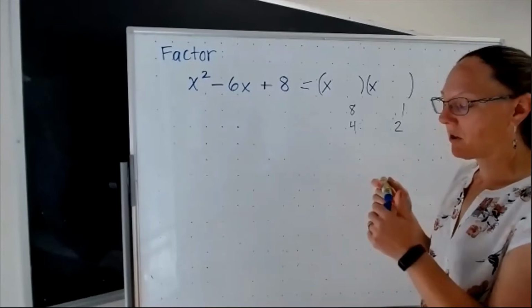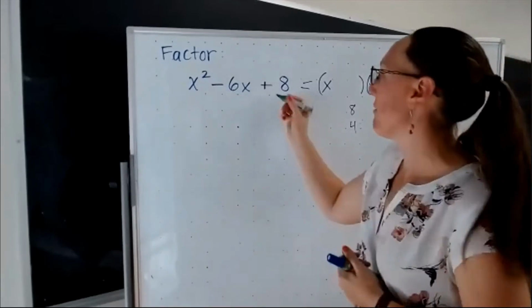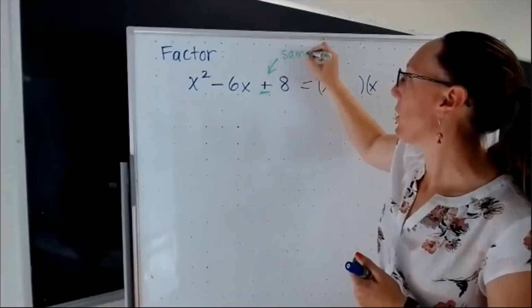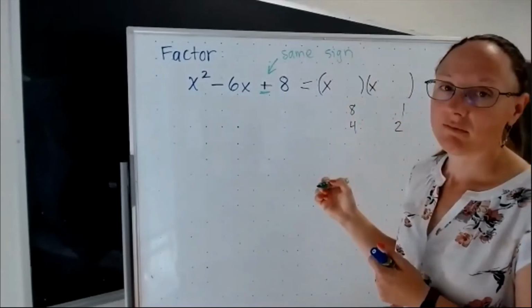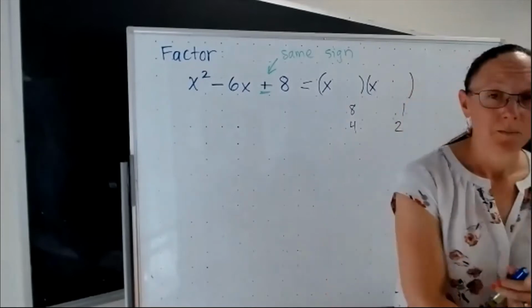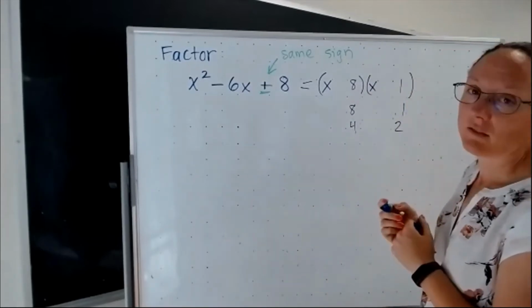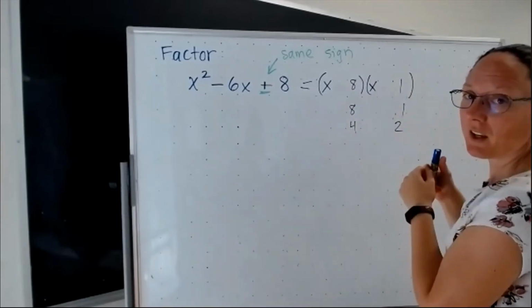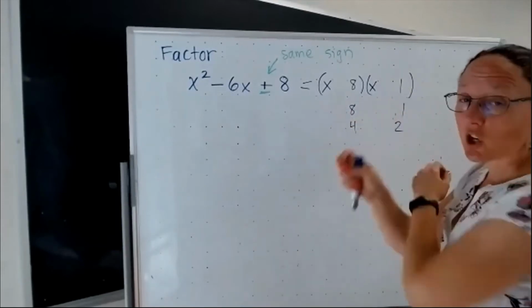The other thing that I'm going to look at is I'm going to pay attention to the signs. And the fact that this is positive means whatever we're putting in here have to have the same sign. So if I think about putting in an 8 and a 1, and I super quickly think about distributing, that's going to give me those middle terms.